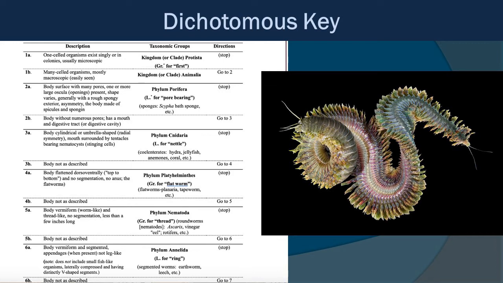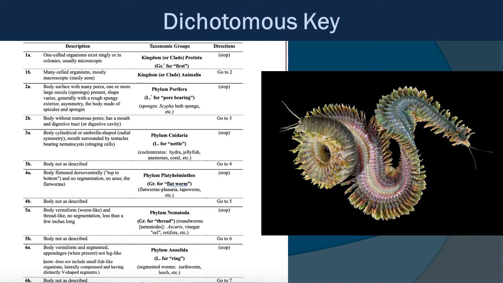Does that look like the picture we have right here? No, that is totally not it. So we are going to go to 1B. Many-celled organism, mostly macroscopic, easily seen. That looks like our critter right there. And if you look over to the right, it says go to question number 2.